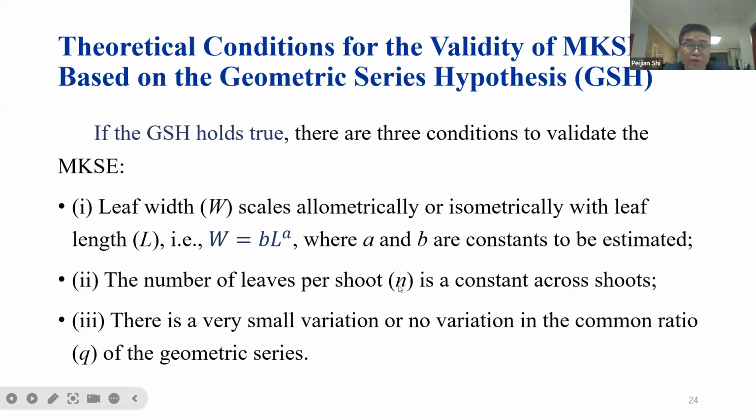The number of leaves per shoot is a constant across shoots. Of course, it doesn't hold true for the observation. However, it holds true for malus flowers. For many malus cultivars, the number of patterns is 5. There should be a very small variation or no variation in the common ratio of the geometric series.